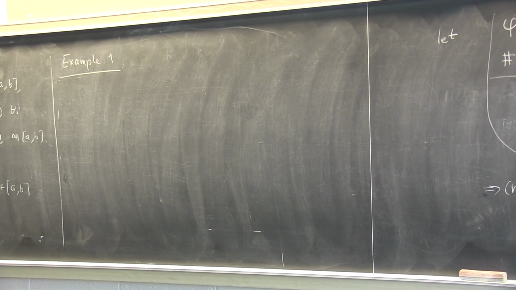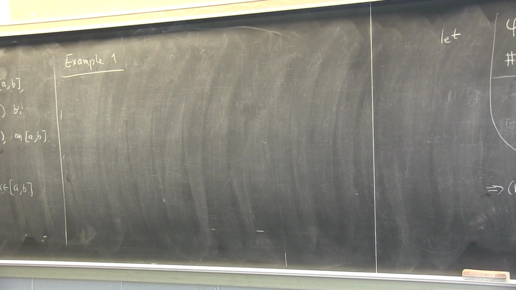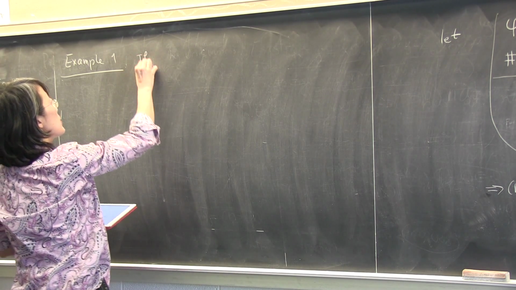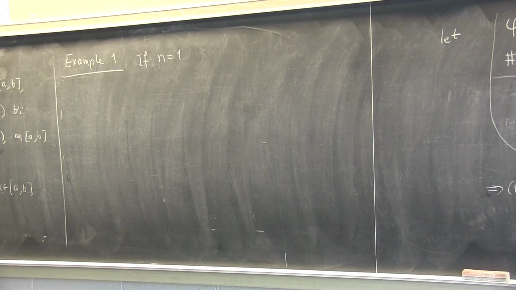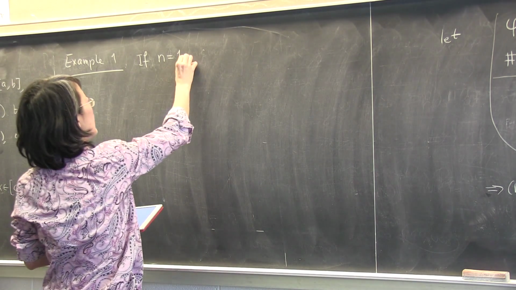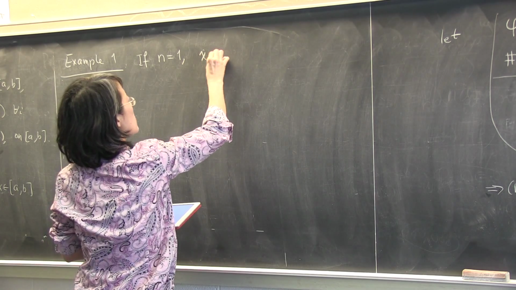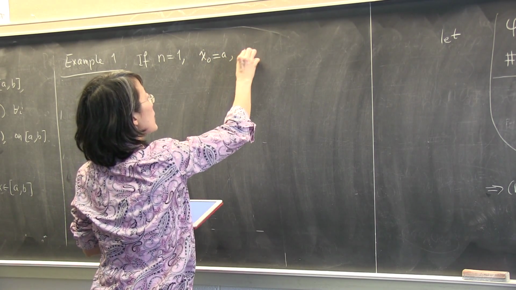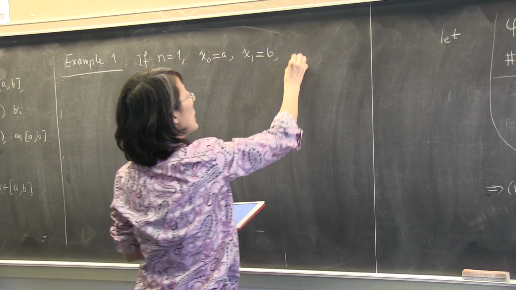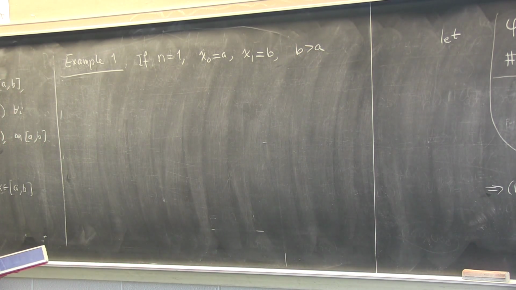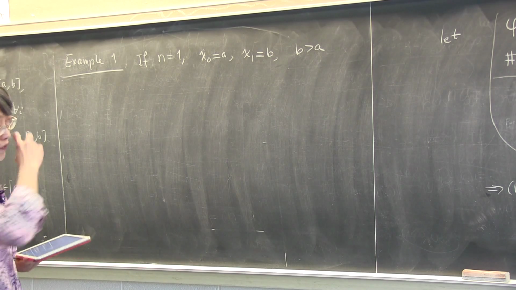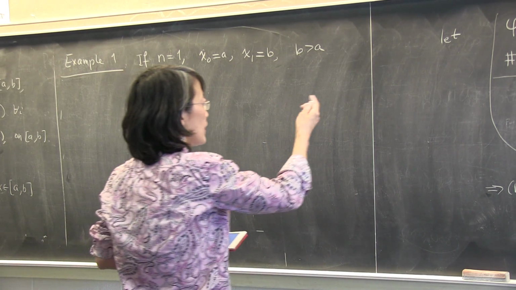Okay, I want to rewrite this theorem in the simplest case, say for a very small value of n. Let's say n equals 1. If n equals 1 and I'm choosing x0 to be a, x1 to be b, and let's say b is bigger than a, then I'm interpolating a function f.